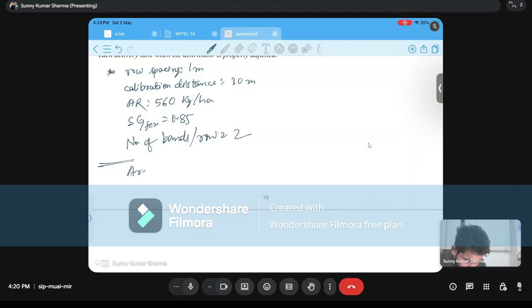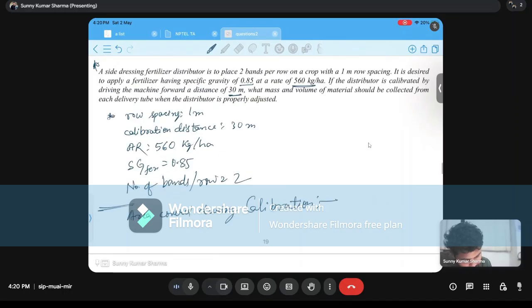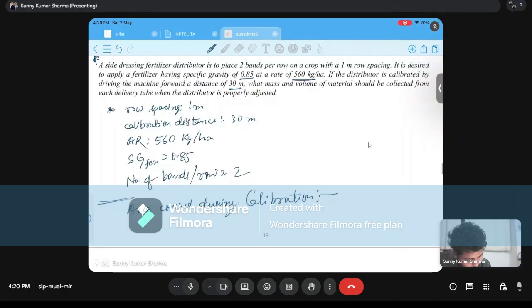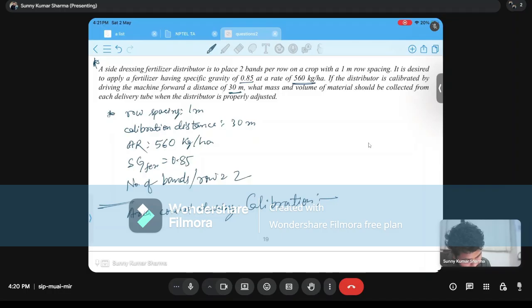So what is the area covered during calibration? Two bands per row and with 1 meter row spacing.